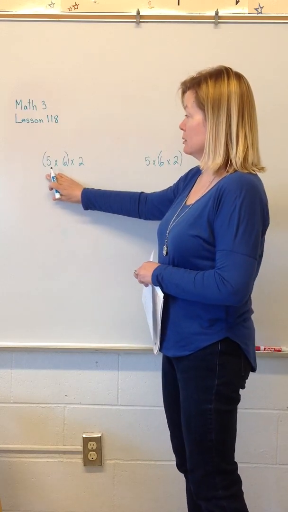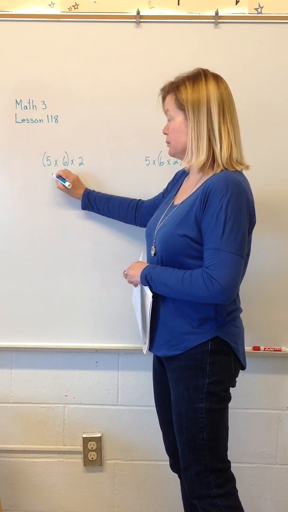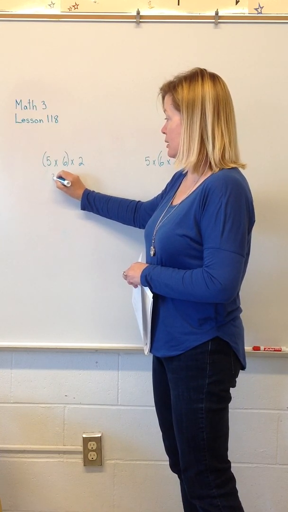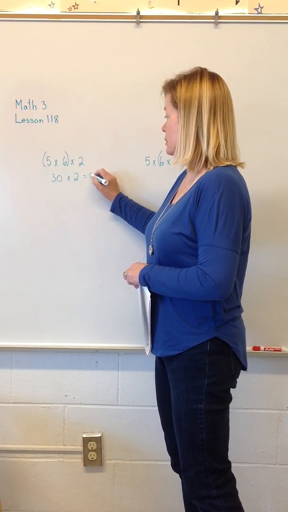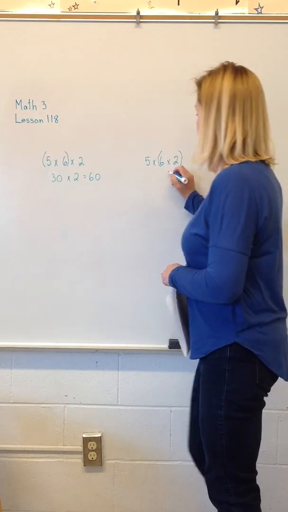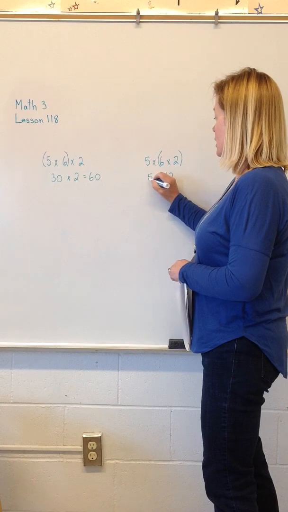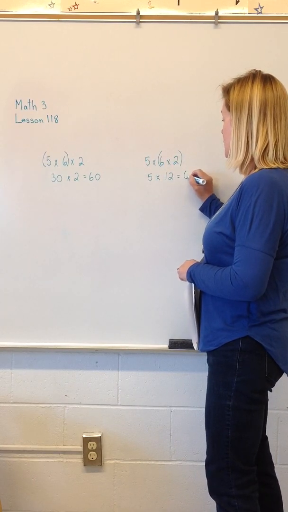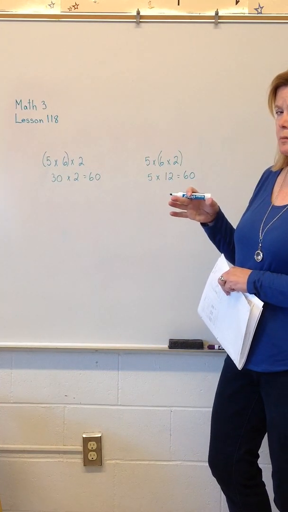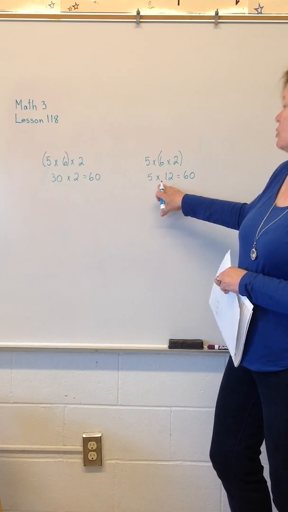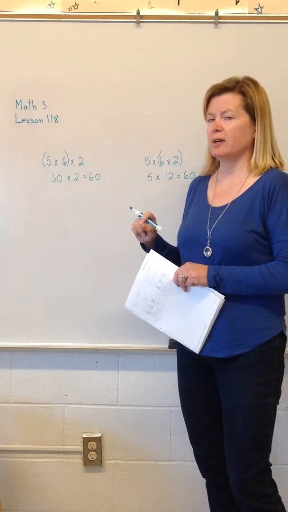Do it with me. 5 times 2, or 5 times 6 is 30. Times 2 is 60, and this is 12. 5 times 12, you know this one, 60. Those were pretty equal. I think you might say that this one might be a little easier to do. I'm not quite sure. Let's see if I can give you a tougher one.